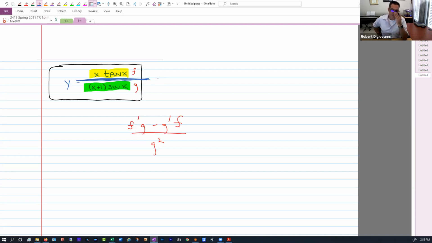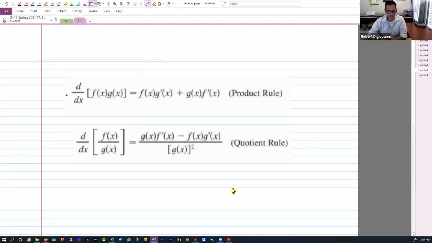I just want to point something out to everybody. If you were to go look at the formulas that come out of this textbook, let me try and illustrate what these formulas are saying. Here it's saying you're taking the derivative of f of x times g of x. So what all of this really means to us is f times g, take the derivative.